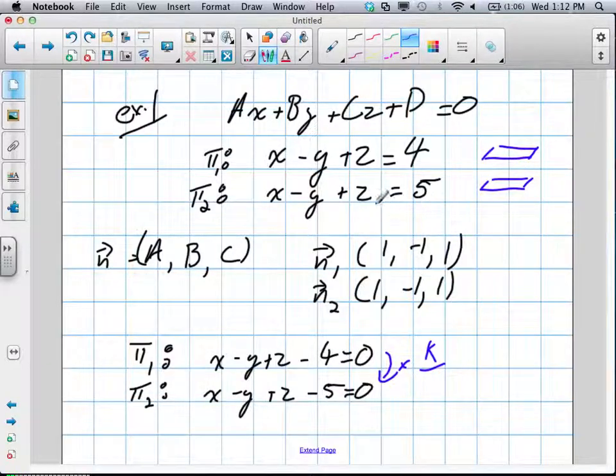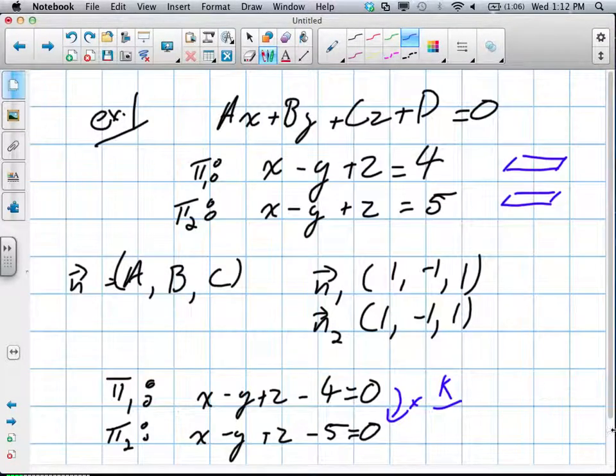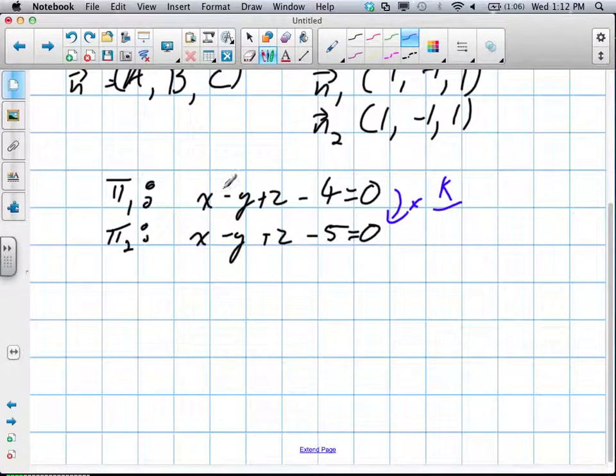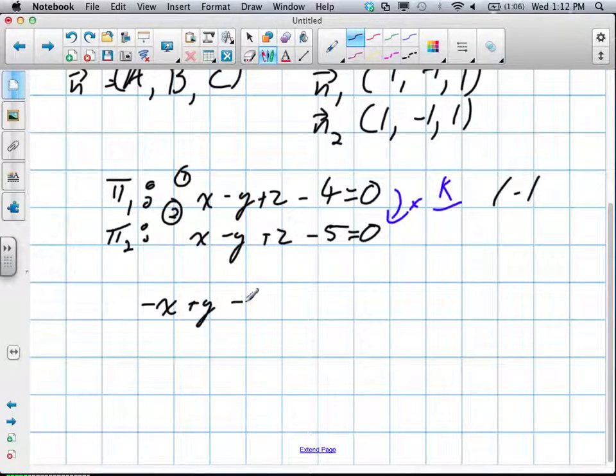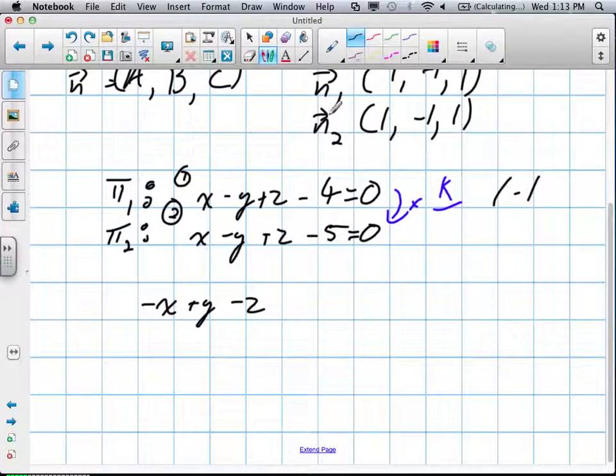Okay? And the way you can show that algebraically is by some elimination. Let's say I decide to multiply the very first equation, plane 1, by negative 1. So I now have negative x plus y minus z plus 4 equals 0. And I could also just put that number on the other side, which I'm going to do. Let's make it equals negative 4.